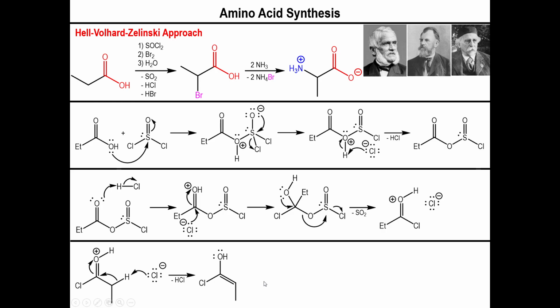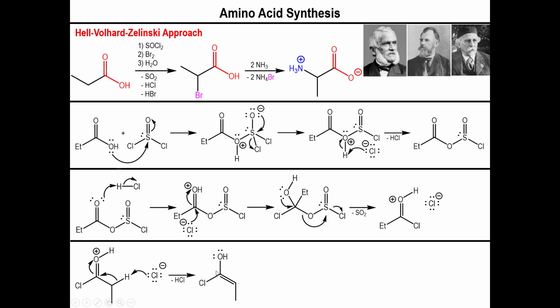What you have to remember is that formation of the carbonyl and formation of the enol is really an equilibrium, and it's exacerbated by the presence of acid, which you're going to get the moment you use thionyl chloride. You're going to be forming HCl, so you'll have this equilibrium happening through and through.